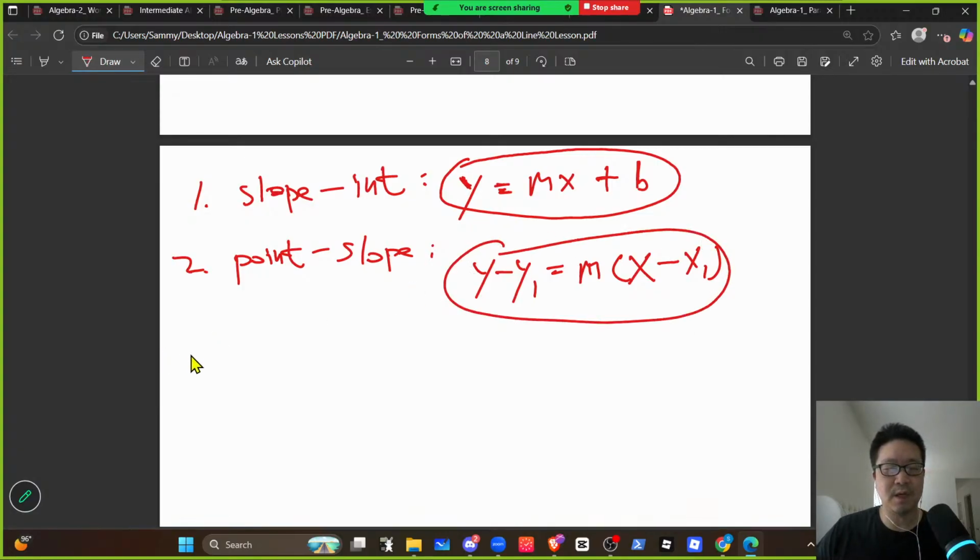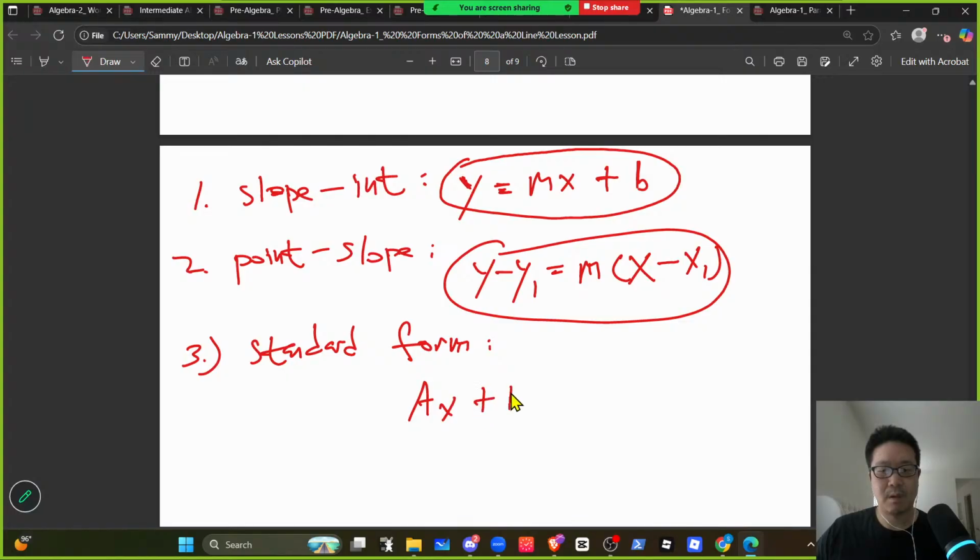And what about the standard form? ax plus by equals c, where a, b, c are integers.